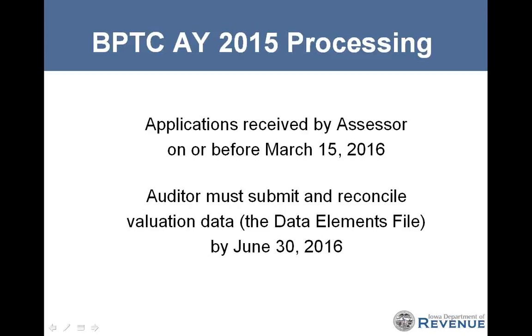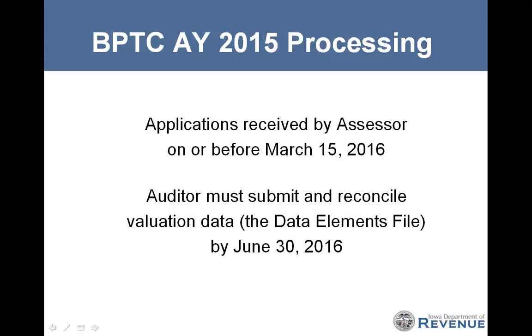That is required to be submitted and reconciled by the last day of June 2016. That gives us the information we need, the unit IDs and the information that we receive from the applications and from processing those applications, and the valuation data that we receive gives us what we need at the Department of Revenue to calculate the business property tax credit for all of the applicable units in the state.